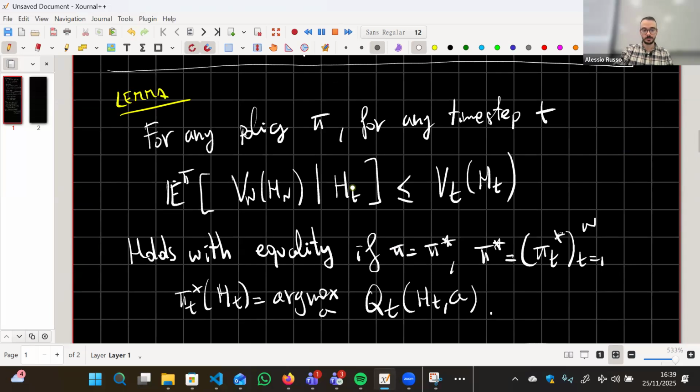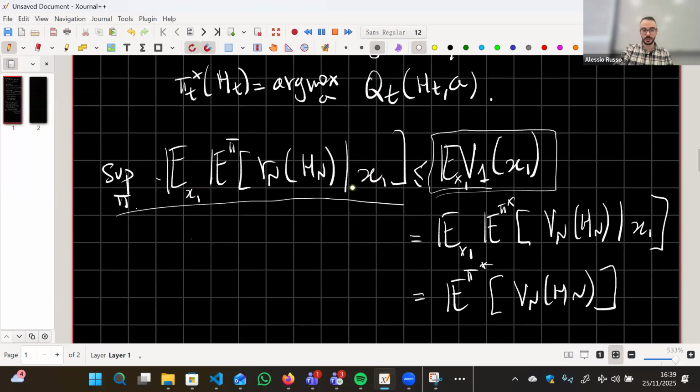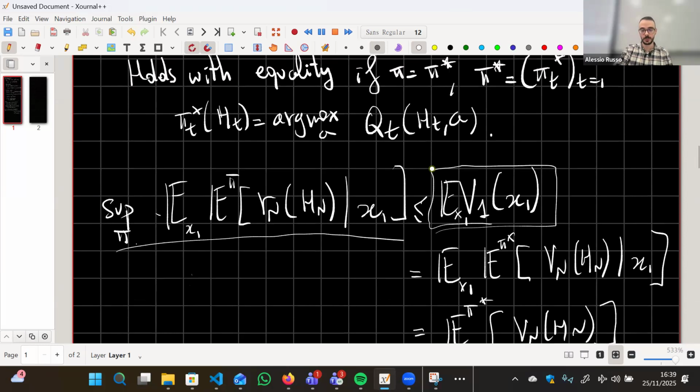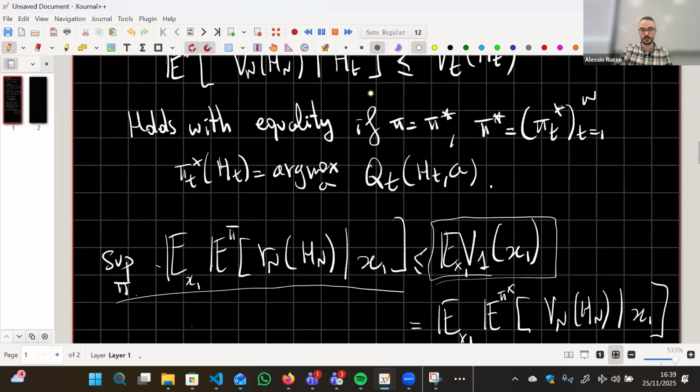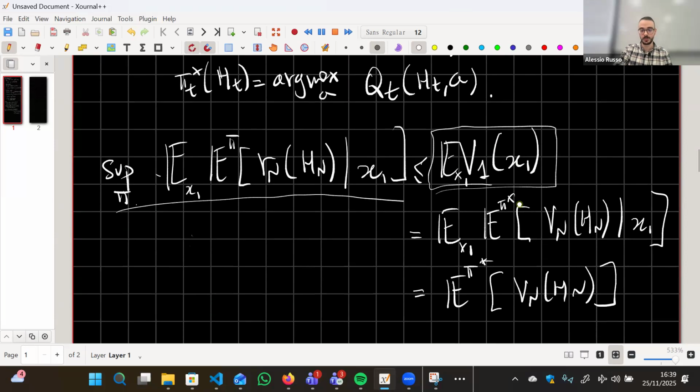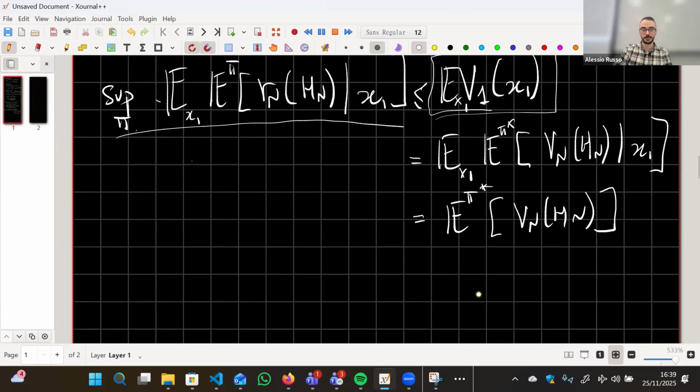I hope this is clear. It's very simple. So this is the quantity we want to optimize. We know that this inequality holds from the previous lemma. This quantity doesn't depend on any policy, so for any policy, this is upper bounded by this. But then we know that this holds with equality when we use pi star, so pi star achieves the optimal.